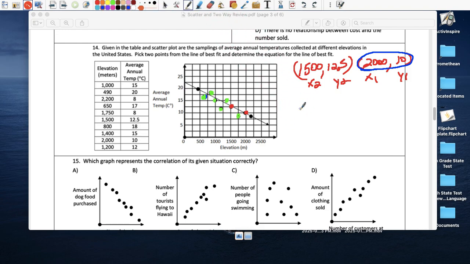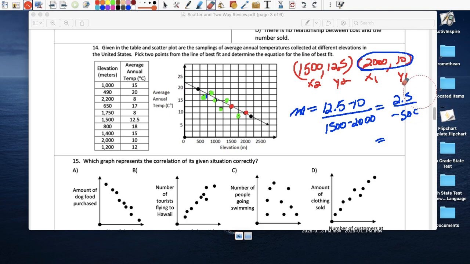So m equals 12.5 minus 10 over, right, 1500 minus 2000. Yikes. So it's 2.5 on the top and negative 500 at the bottom. And then our slope is going to be 2.5 divided by 500. Our slope is going to be negative 0.005.